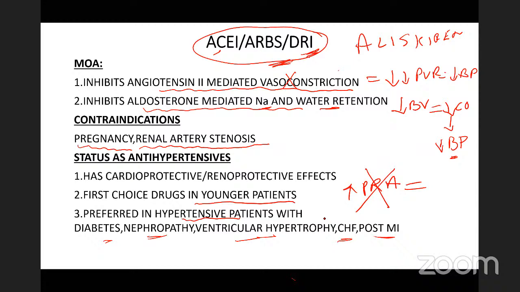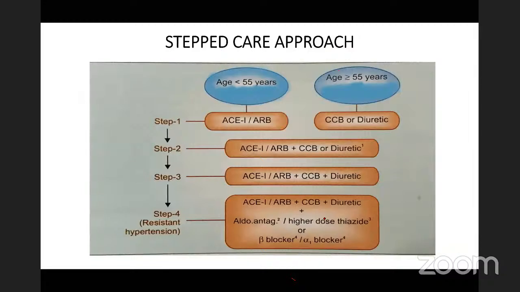So how to go about this? We have learned so much about the different classes of drugs, so how to go about the treatment. It is classified into patients less than 55 and more than 55. Okay, if the patient does not have any compelling indication or any risk factors, for a patient less than 55 years of age, in step one, we have to use one drug.